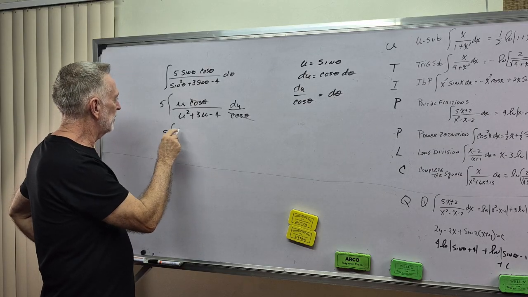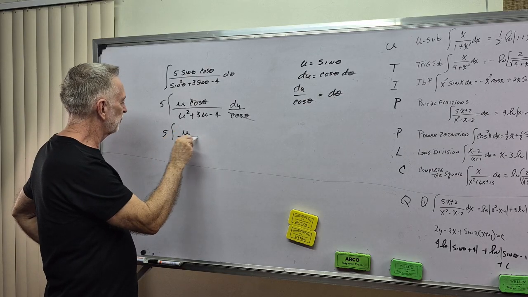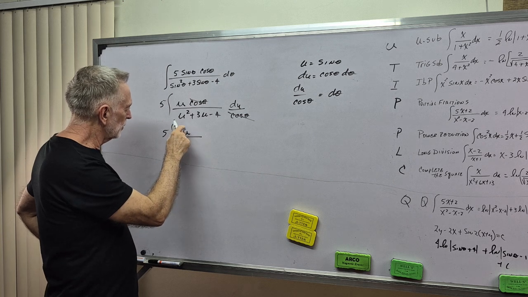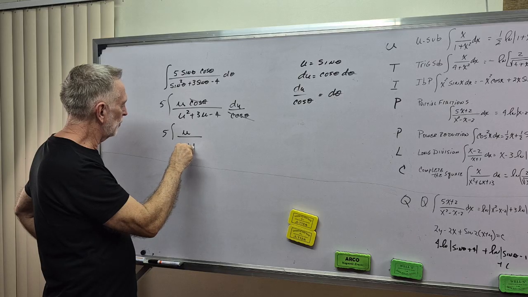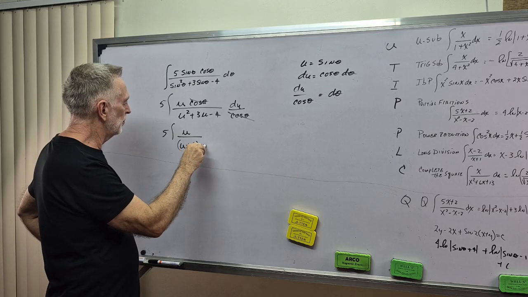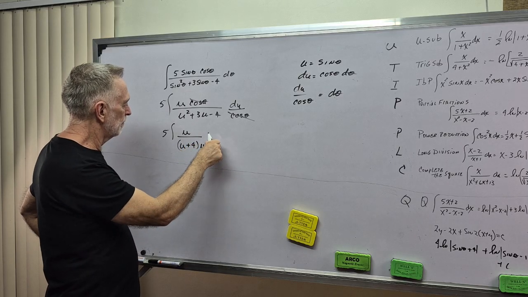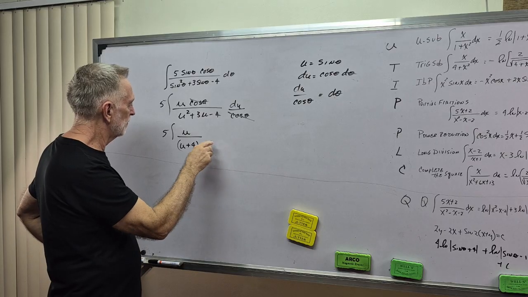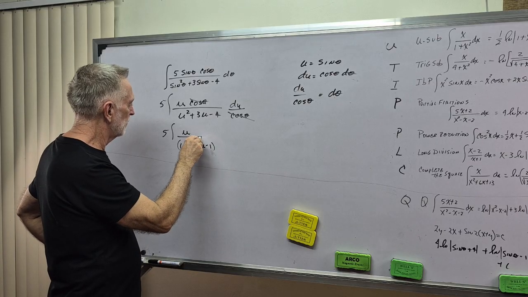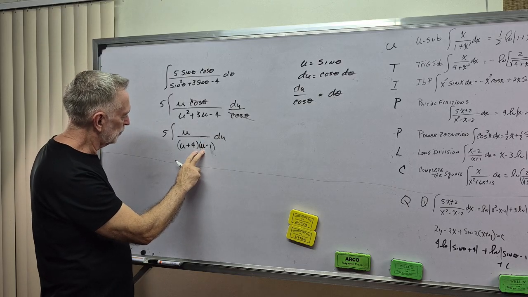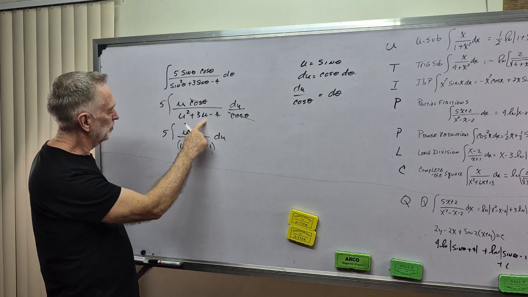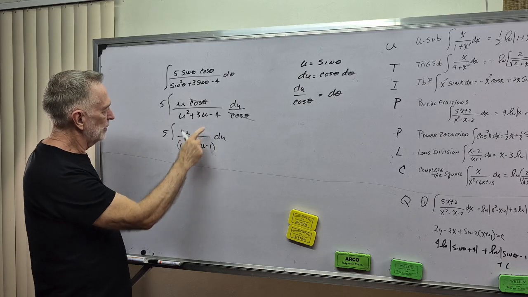So I had 5 times the integral of u over u plus 4 times u minus 1, du. So u squared plus 4u minus u gives me that 3u minus 4.